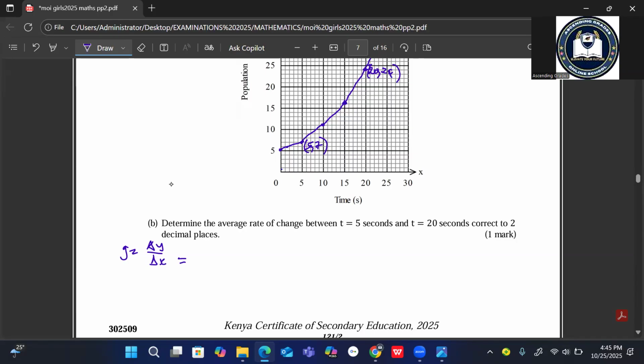So we shall have change in y, 24 minus 7, over change in x, which is 20 minus 5. So we shall have 17 over 15, which gives us 1.13. So that is the average rate of change of the given graph, and that gives you a mark, giving you a total of 50 marks.